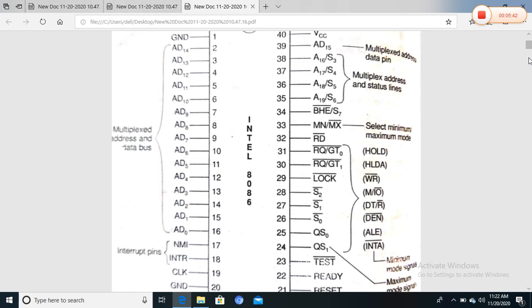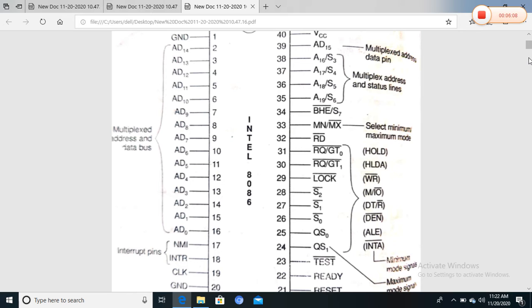Pin number 1 is ground, and pins 2 to 16 are AD14 down to AD0, and pin number 39 is AD15. These are multiplexed with address and data lines, and the remaining, A19, A18, A17, A16, are multiplexed with status lines.